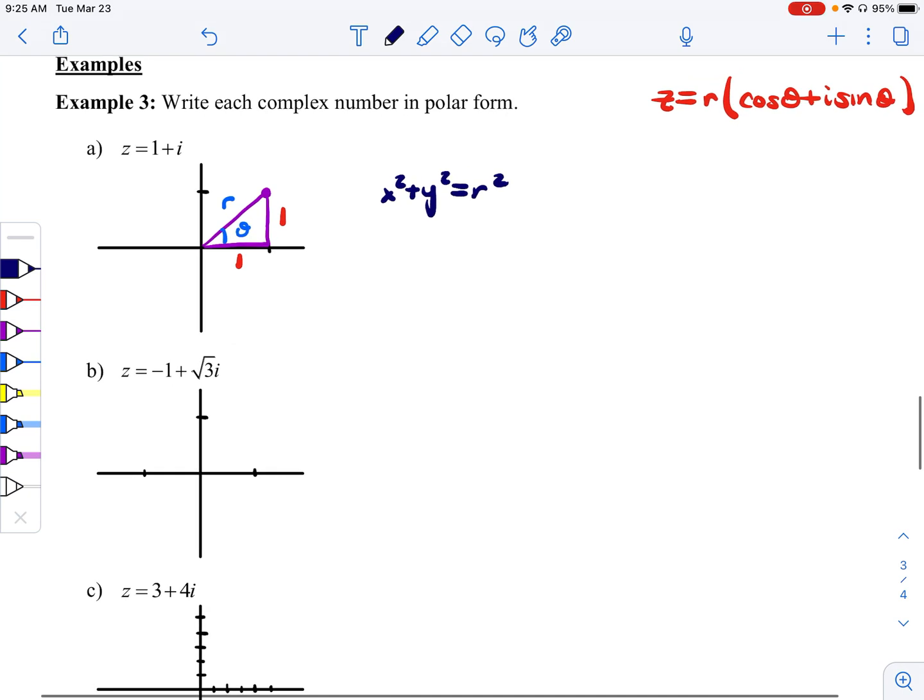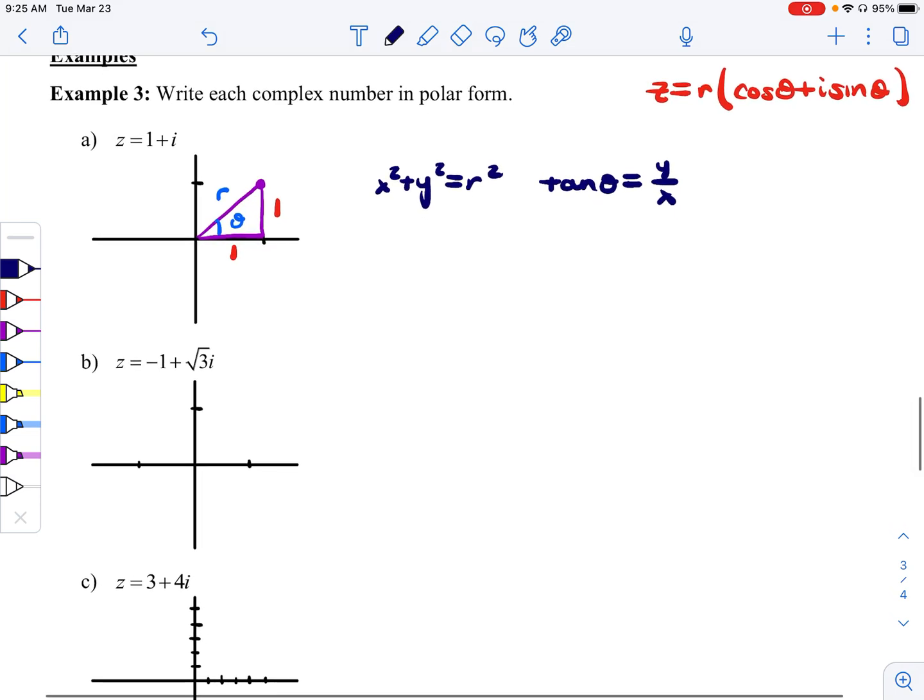And the other is the tangent: tangent of theta is equal to y over x, and that's going to help us find our angle theta. First, solving for r, we would have 1 squared plus 1 squared is equal to r squared. If we solve that out, r is equal to the square root of 2. And again, we're only choosing the positive radius on this one, so we're not doing the plus and minus, we're just going with the positive.